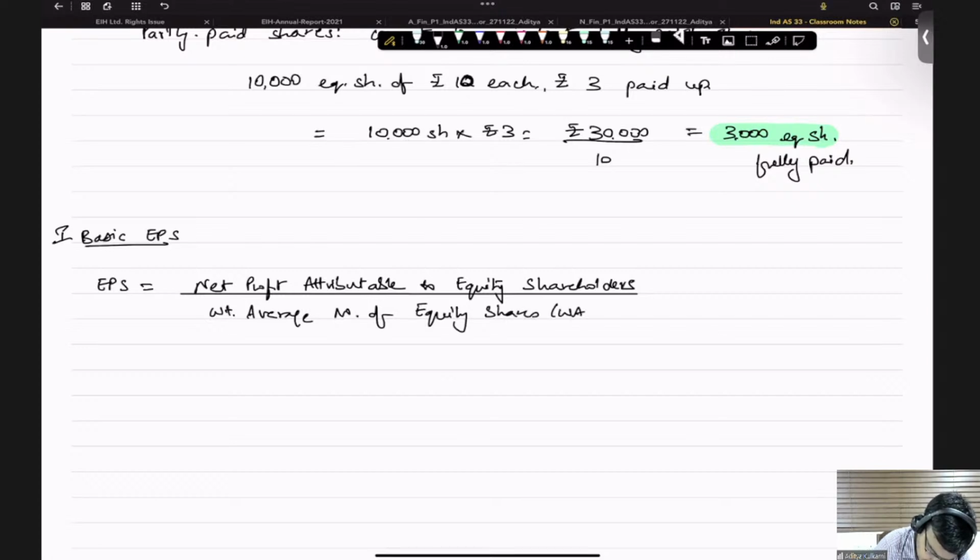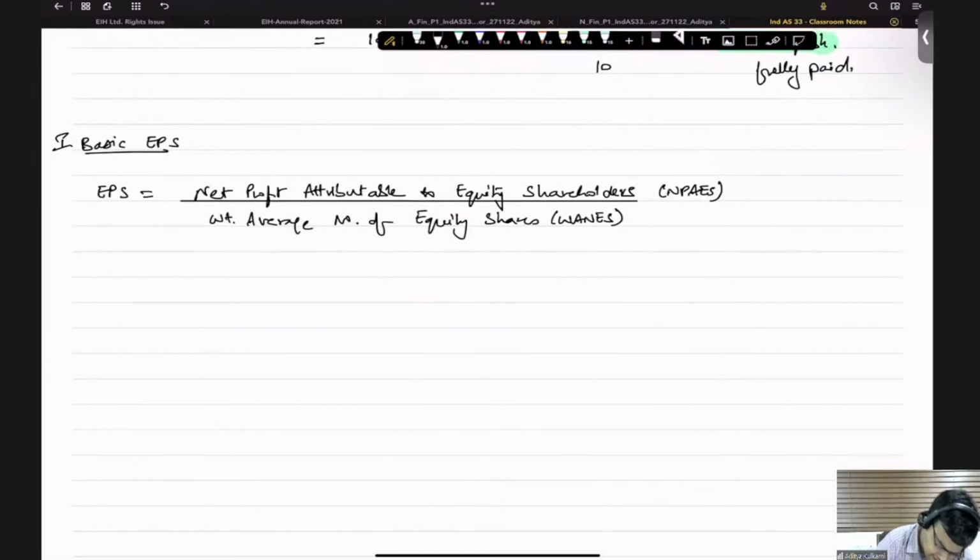I abbreviate this as WAINS, and this is net profit attributable to equity shareholders. Okay, so first we will discuss WAINS, weighted average number of equity shares.